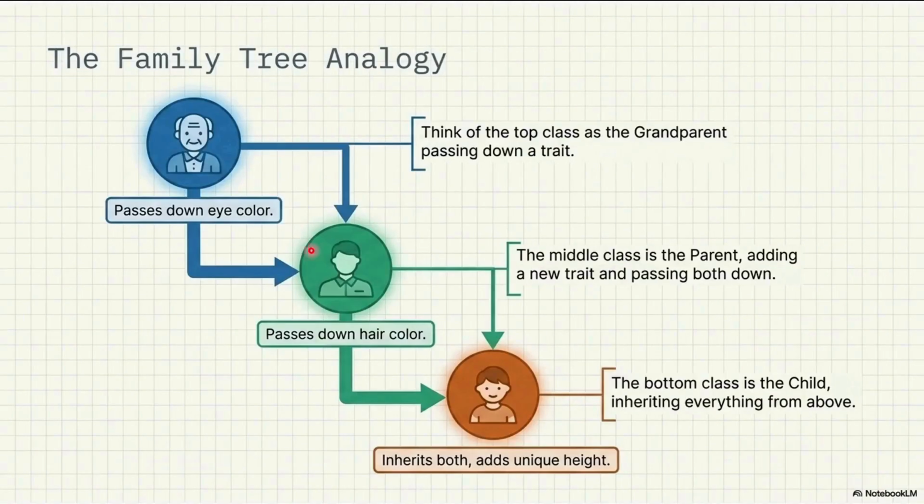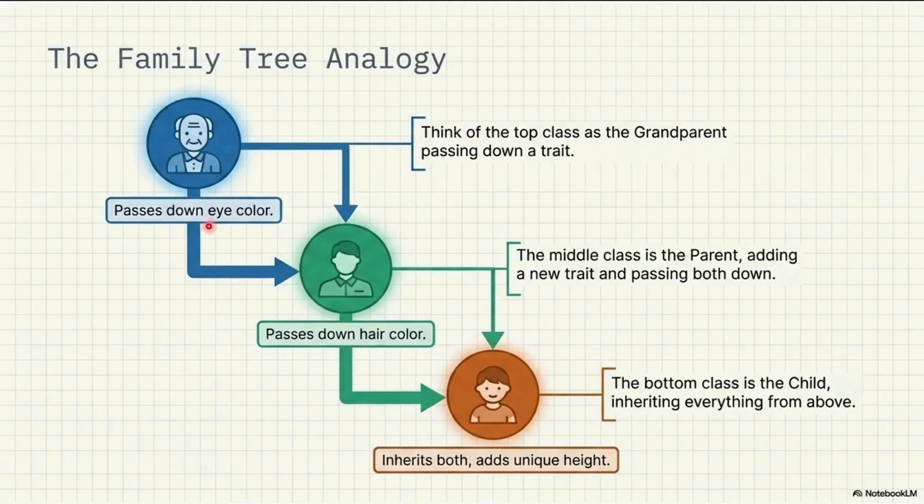Okay. So the family tree analogy. Think of the top class as a grandparent passing down a trait, meaning the properties. So it passes down the eye color to the child. The middle class is the parent adding a new trait and passing both down. So the middle class adds more traits, that is an additional property, and that passes down hair color.